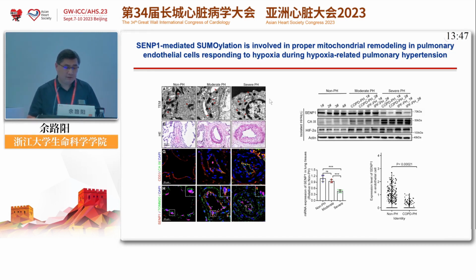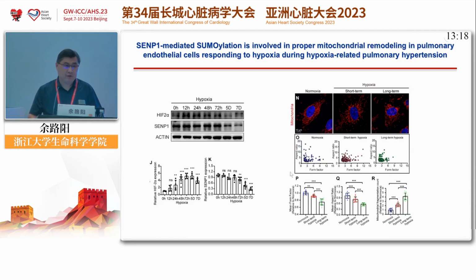But the severe group shows over-fission and fragmentation, accompanied by sustained hypoxia accumulation. Also in the moderate group, we can find some SENP1 translocating from the nucleus to the mitochondria. But in the severe group, SENP1 looks like it undergoes some kind of degradation.